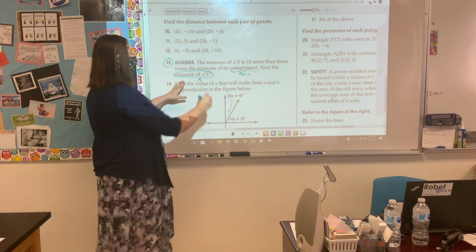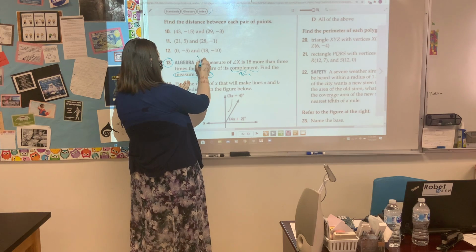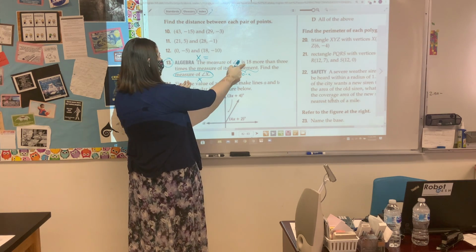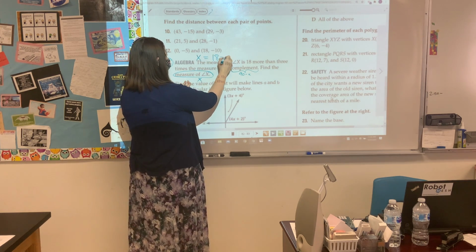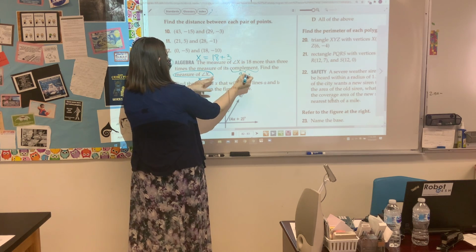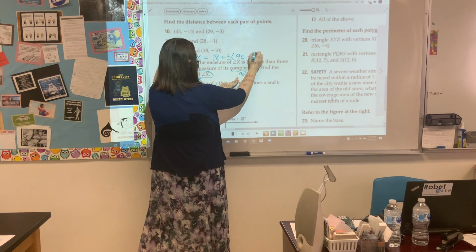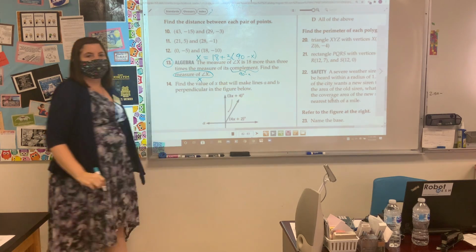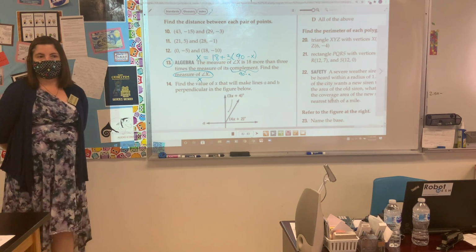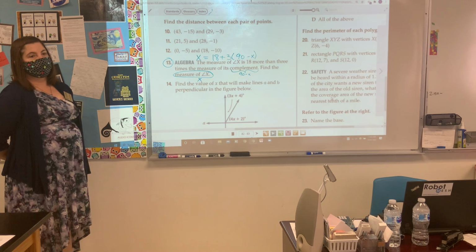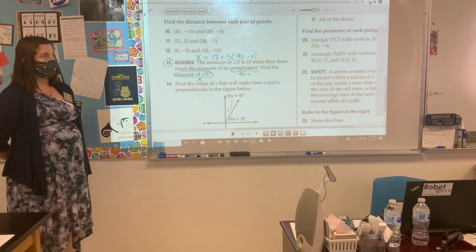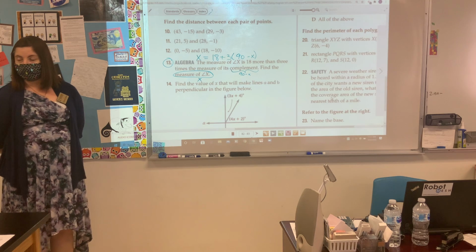So, let's see, we need to find x, and we know that it is 18 more than 3 times the measure of 90 minus x. Does that make sense? So now all we do is solve for x.